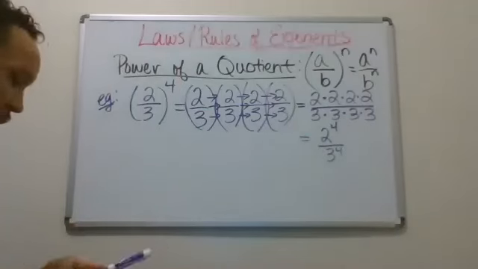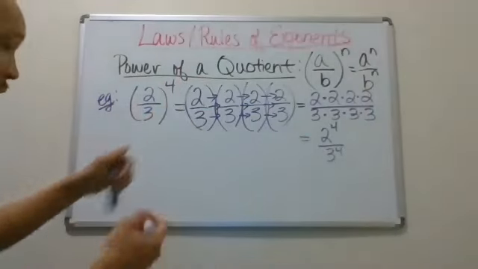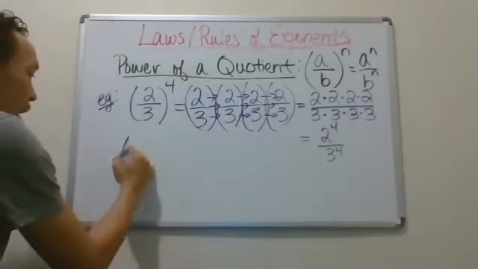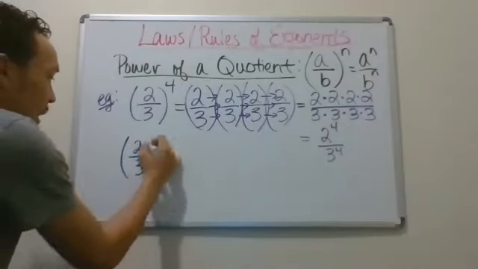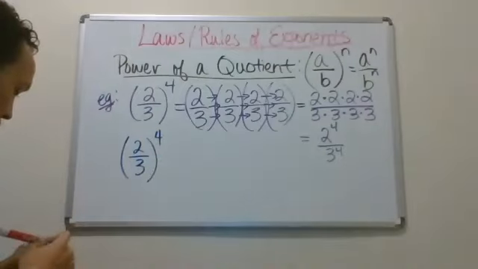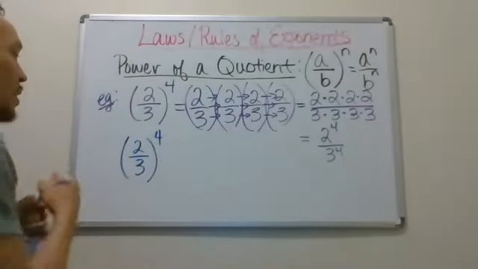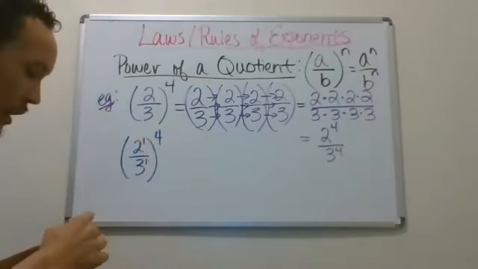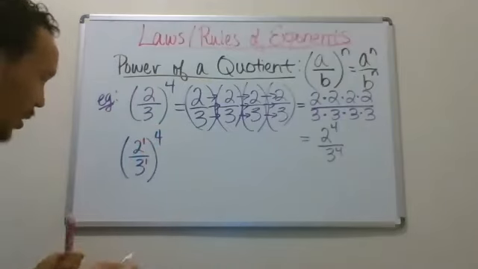Now, using the quotient law, the power of a quotient, we have 2 divided by 3 to the 4th power. It's understood that 2 is raised to the 1st power, and that 3 is raised to the 1st power as well.